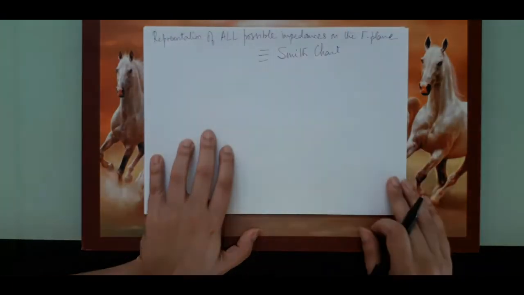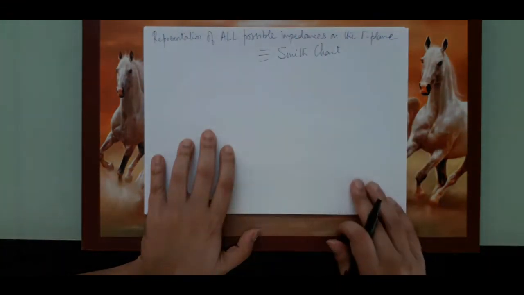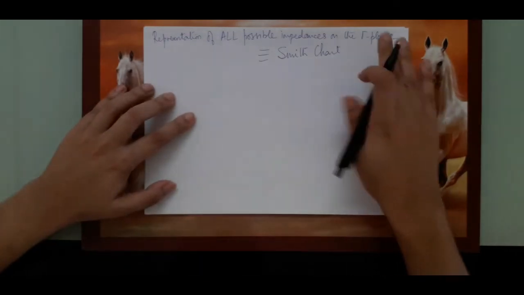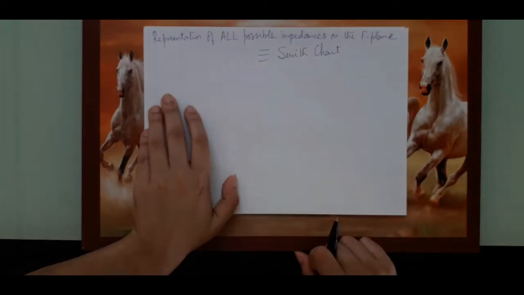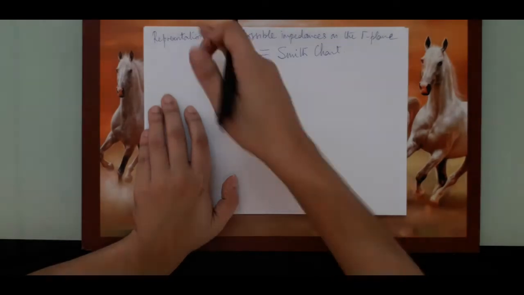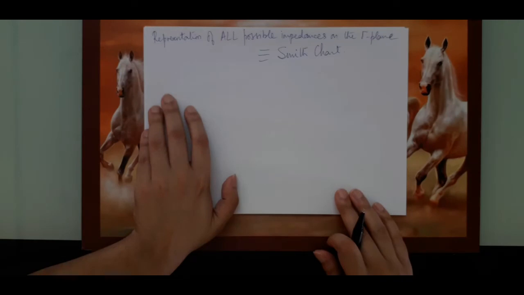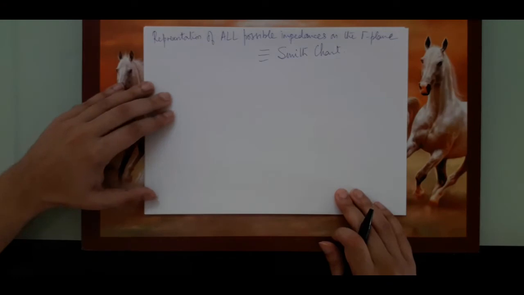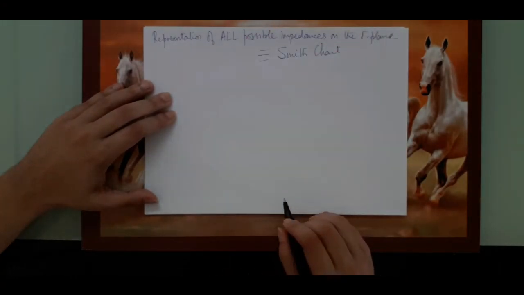Now what do we want to do? We want to represent all possible impedances on the gamma plane. That means we will draw the gamma plane and we will mark those points where the reflection coefficient gamma for the corresponding load we want to represent will come. So on the gamma plane I want to represent impedance.